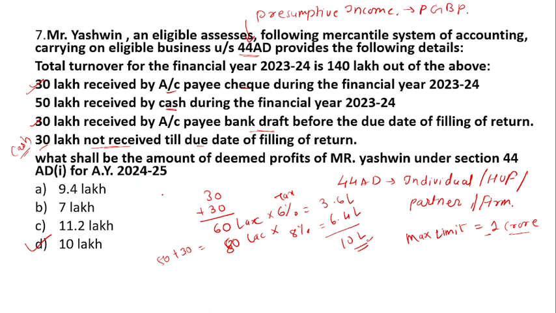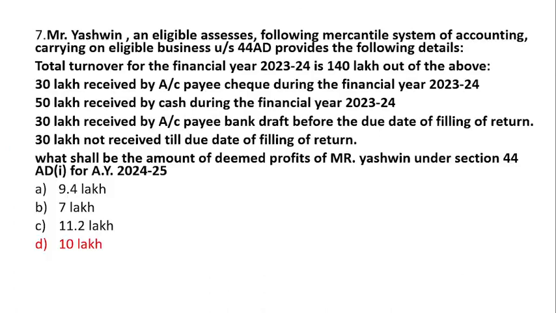So 50 plus 30 gives 80 lakh. 8% of the 80 lakh is 6.4 lakh. So according to this, the total profit is 10 lakh. So 10 lakh is our correct answer.